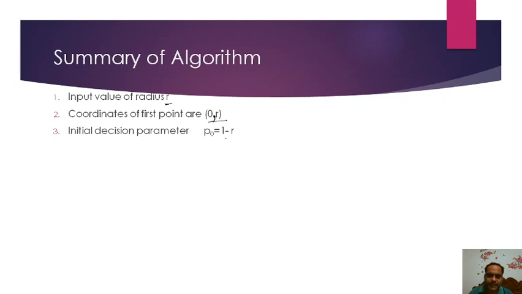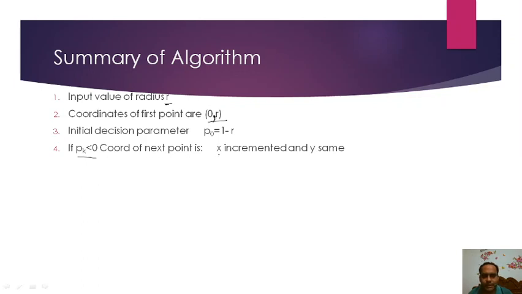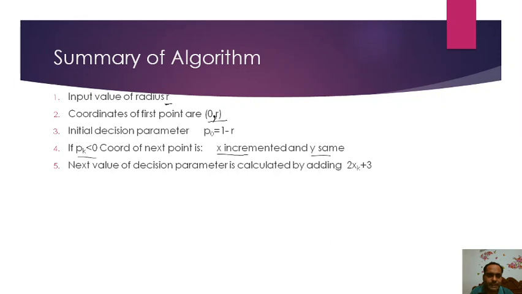Now two cases arise. In the first one, if pk is less than 0, the coordinates of the next point will be: x will be incremented and y will be the same, and along with it we will calculate the decision parameter for the next point also. So the decision parameter for the next point will be calculated by adding 2xk plus 3 to p0.